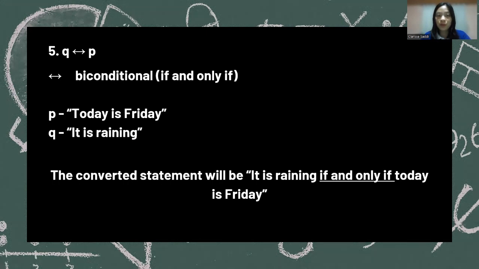Then moving on, we have the last example for the letters and symbols to language. So we have multiple letters and symbols here. For the brackets, we use brackets to avoid confusion because we have more than two letters and more than two connectives.